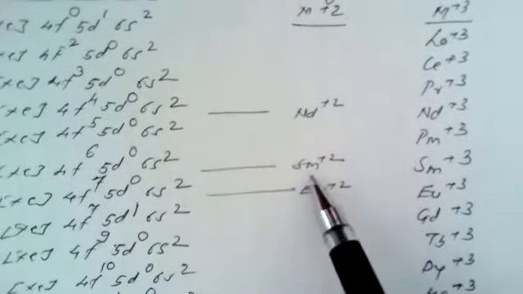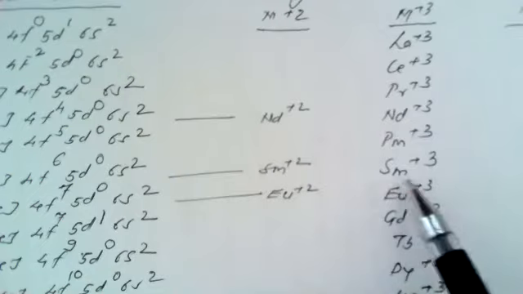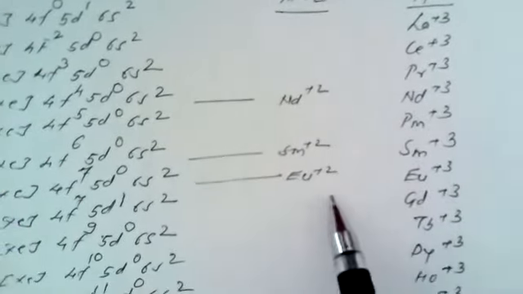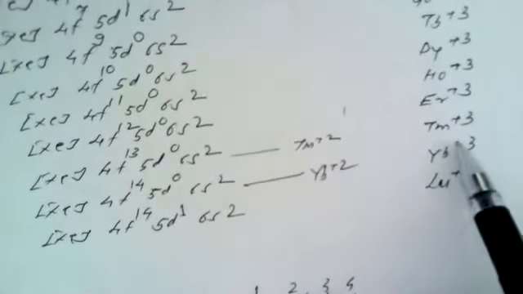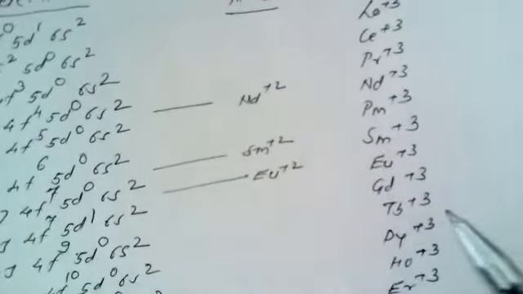If we look at samarium +2, samarium also shows +3 oxidation state. Neodymium +2 and +3. Then europium +2, +3. Thulium +2, +3 and ytterbium +2 and +3. So these 5 members have multiple oxidation states, that is divalent and trivalent.